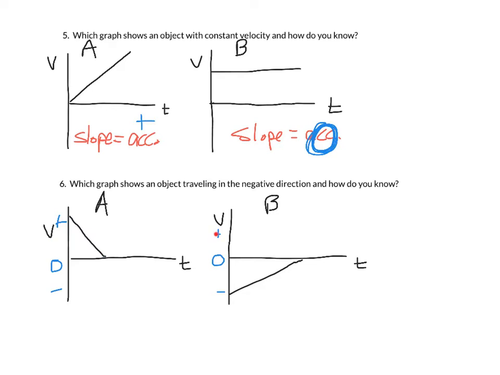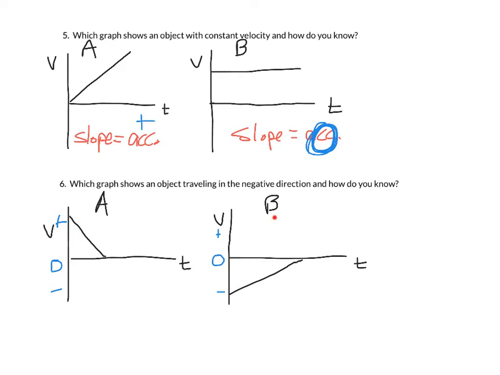Now, v-t graphs, okay? This is where it gets very confusing, because for the same question with position-time graphs, you're not going to answer it the same way. You're not going to look for the same thing. But for a v-t graph, how do you know what direction? Where the line is. Not what the line is doing, but where the line is. It wouldn't matter if the line was like this or like this.